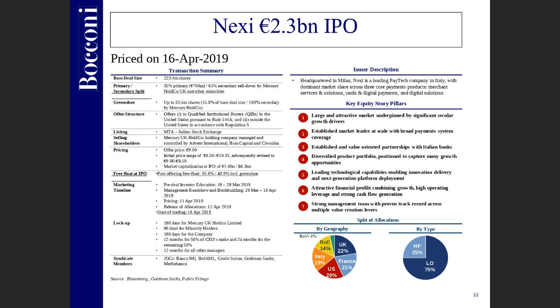And Nexi is a player, a pay tech company in Italy that was born through a number of acquisitions executed by a group of private equity firms, Bain, Advent, and Clessidra.